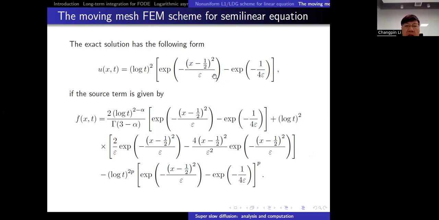This parameter, epsilon, can be very small. It's a very small positive constant. Okay, where does this come from? It comes from the source term.